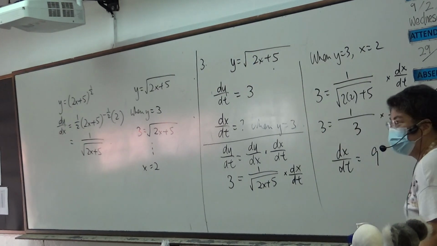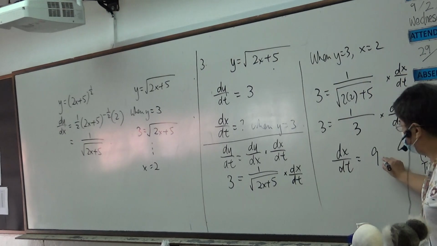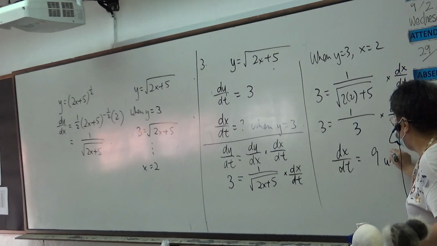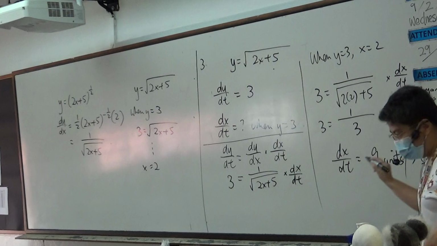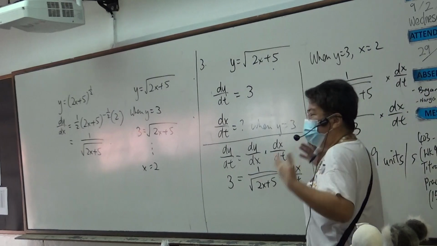Do you all agree it is 9? Can see or not? Okay, the question says find the rate, so it's 9 units per second. You follow the question. Units per second. I just want to know, are we clear?